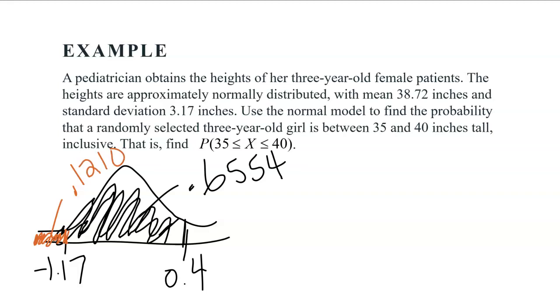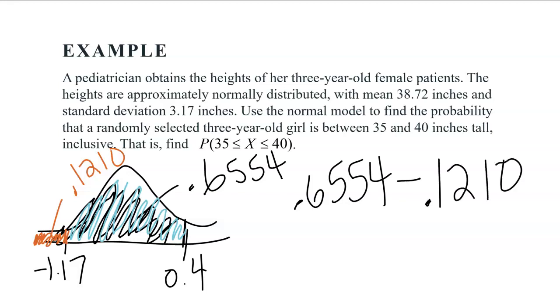Now I'm going to change my color again. The area that I'm looking for is this area in the blue. So everything in between those. So in order to find the area in the blue, what I need to do is take the black part, the 0.6554, and subtract the orange part from it, the 0.1210.